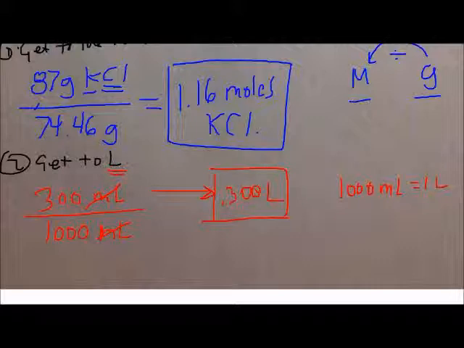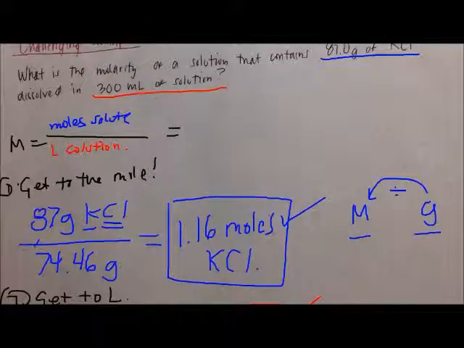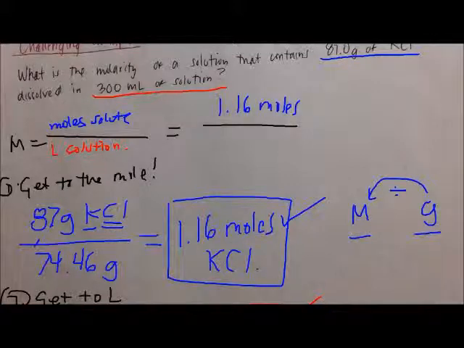Now we have both parts of our equation. We have the moles, check, and we have our liters. So now we do our final step, molarity. Plug and chug. Let's bring this information to our equation. So moles of solute is 1.16 moles, and our liters of solution is 0.300 liters.